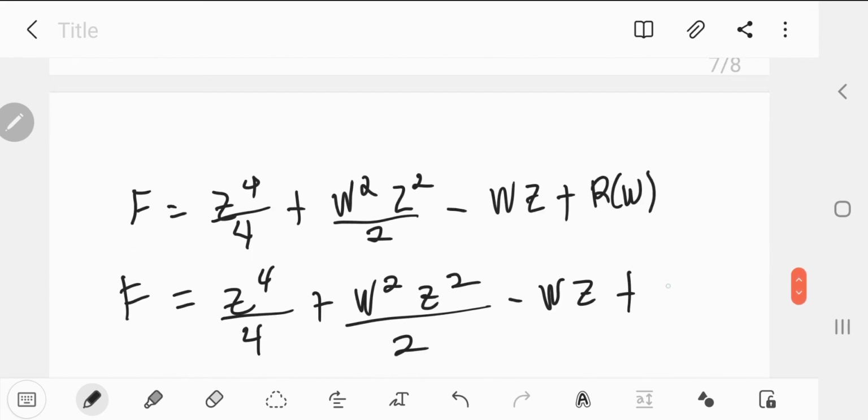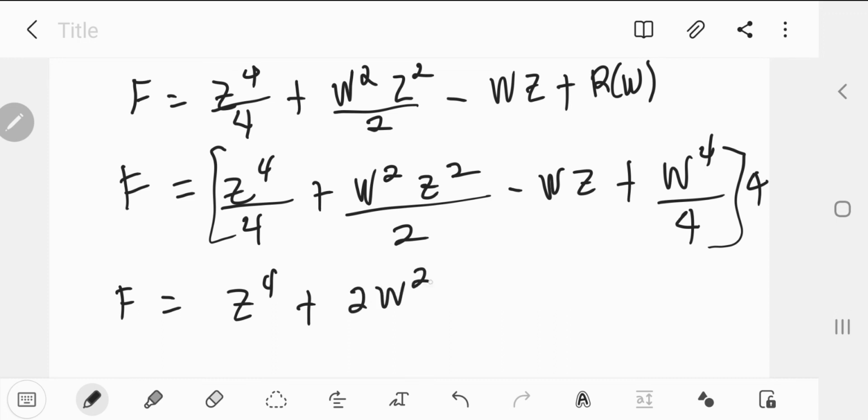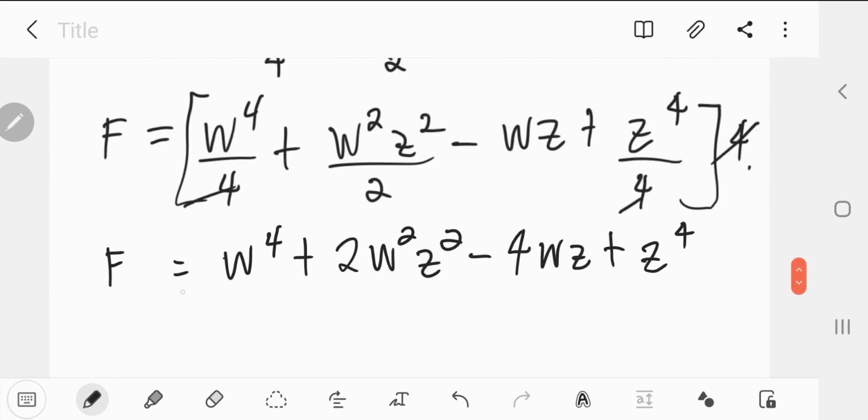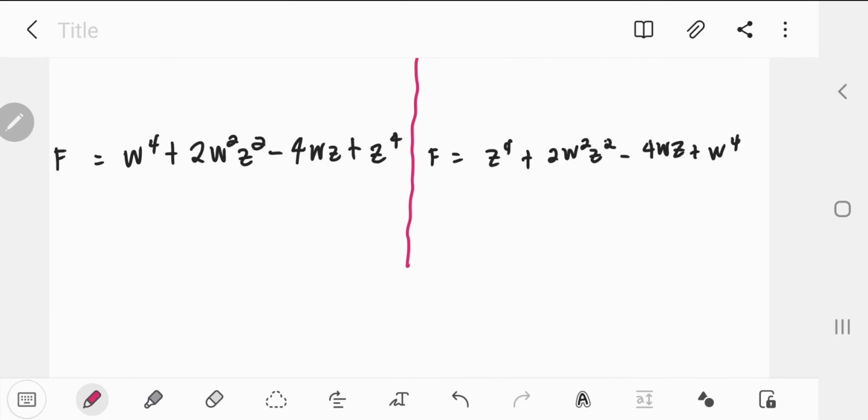So we have plus w raised to 4 all over 4, and multiply by 4. So we have f is equal to z raised to 4 plus 2w squared z squared minus 4wz plus w raised to 4. As we notice, it is also the same as this.